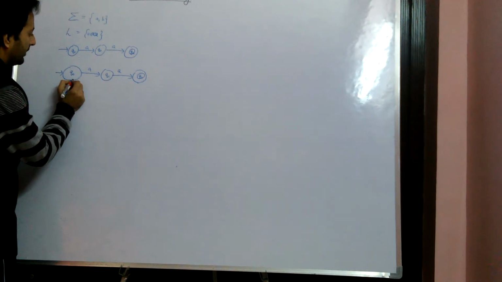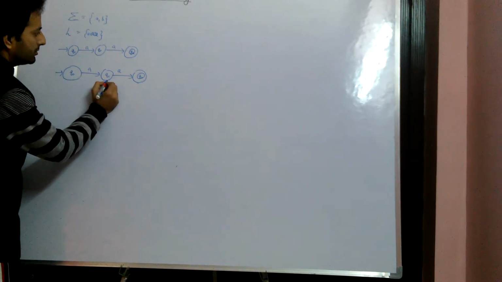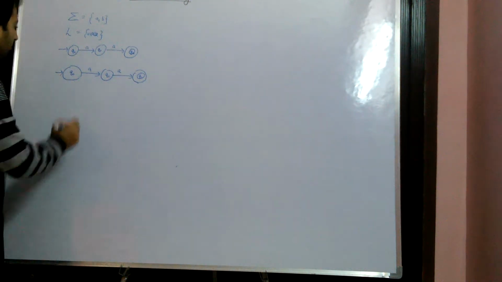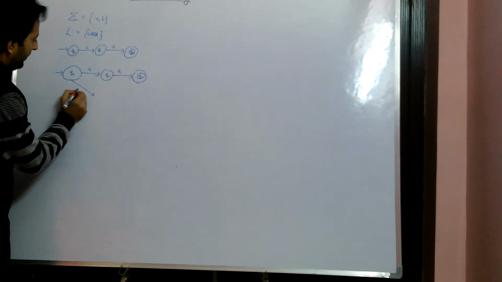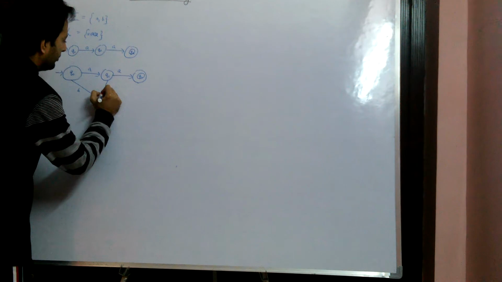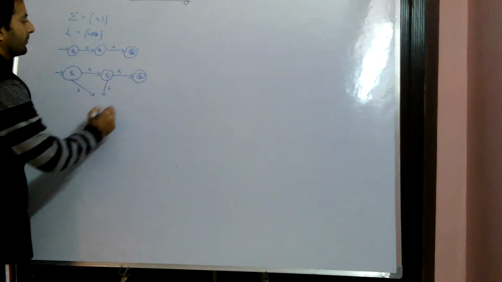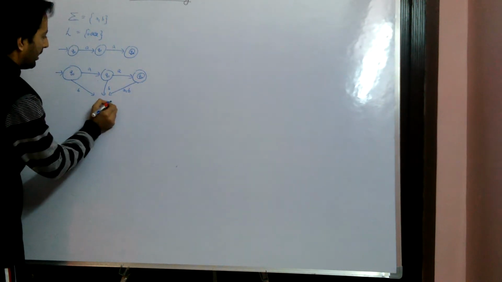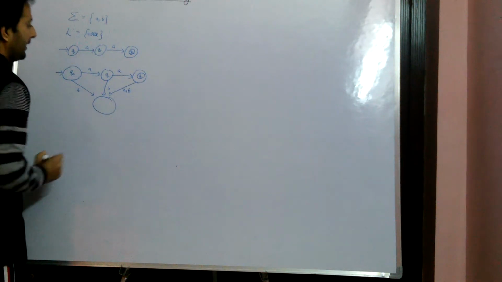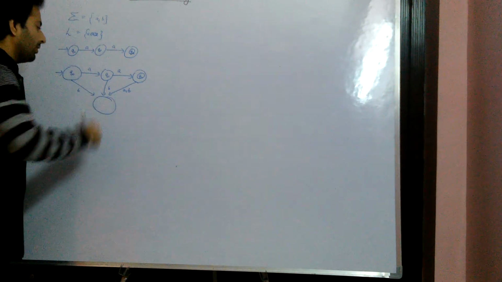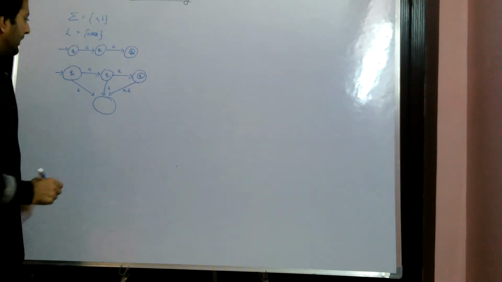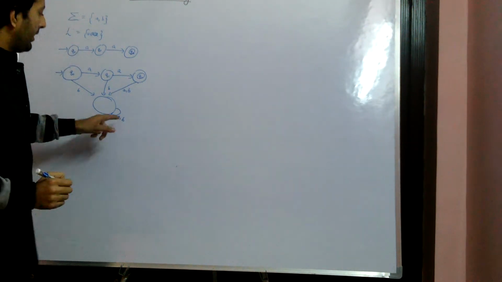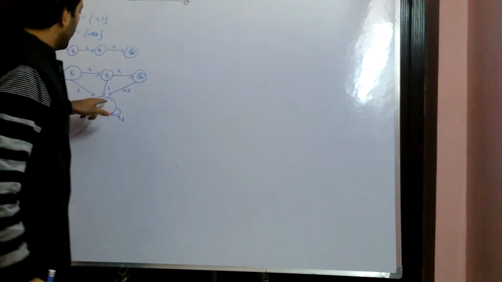Since we have encountered a B, over here also we can encounter a B. After this also we can encounter A or B. So if we encounter a B over here, or a B after this A, or either A or B after AA, we are going to enter into a state, and after this, if we encounter either A or B, we are not going to go any other place.